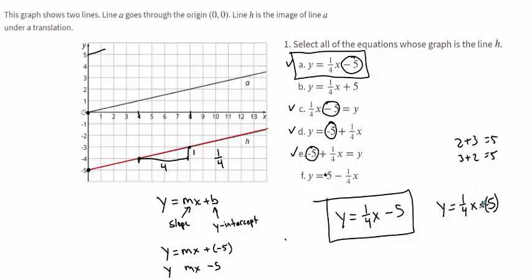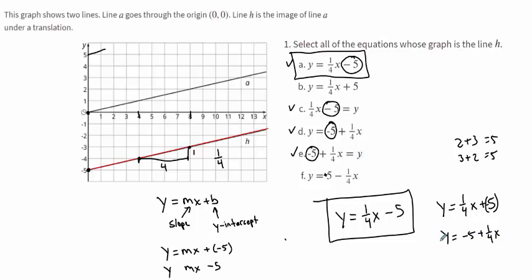So I'm going to switch these around. I'm going to say y is equal to negative 5 plus 1/4 x. So I'm going to look for something that looks like this. Oh yeah, so this one, all they did was change which side of the equal sign, they just moved these around, right?